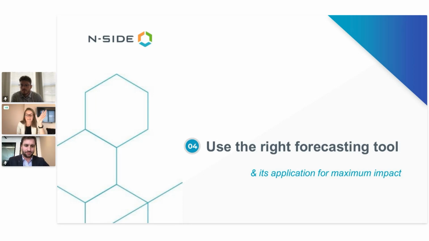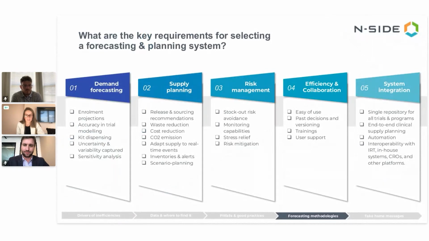So indeed, now that you know how to gather data and some tips and tricks to use this properly, we need to look at the right forecasting tool and see what are the different value points for a forecasting tool. And that's why I just show here this slide.